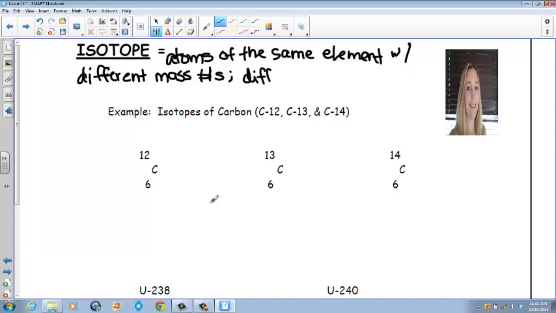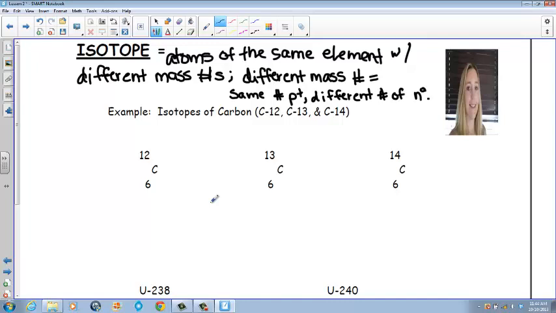Different mass number means that we have the same number of protons but different number of neutrons. Okay, symbol for neutron, N, charge of 0.